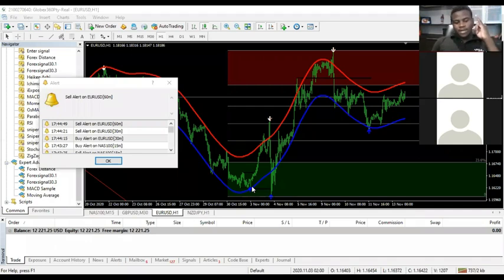The arrow signal must pop up when the market is playing around in the demand zone and the market is touching or has cut through the blue moving average, which will come in a different color for you guys, but you can adjust the color however you want. Those are the three things that need to be happening for you to take a buy position whenever the sell and buy alerts tell you to buy.